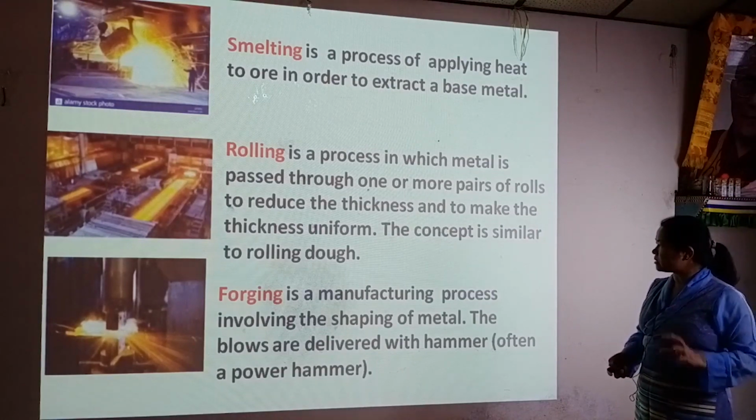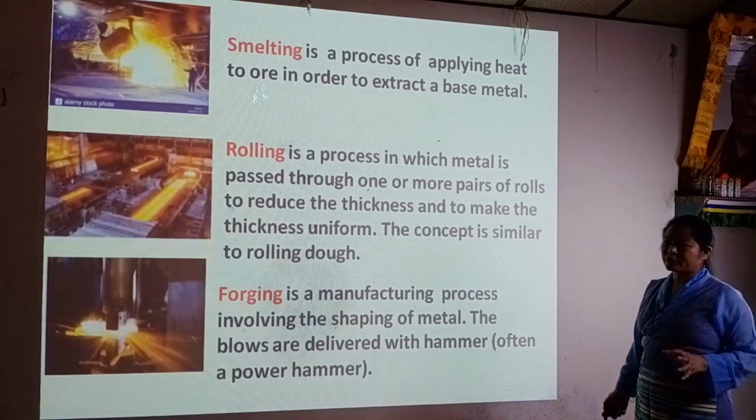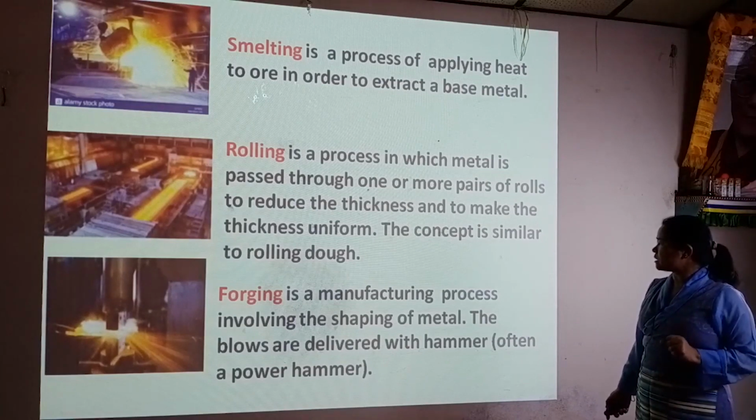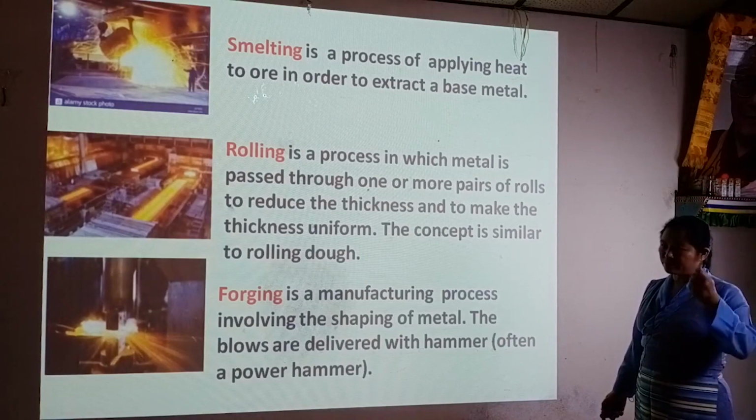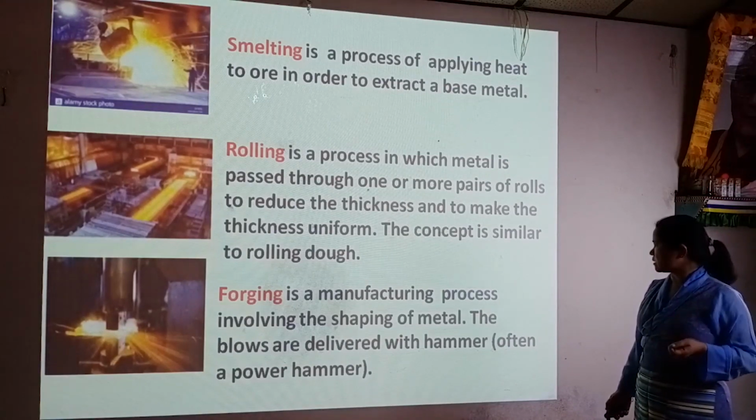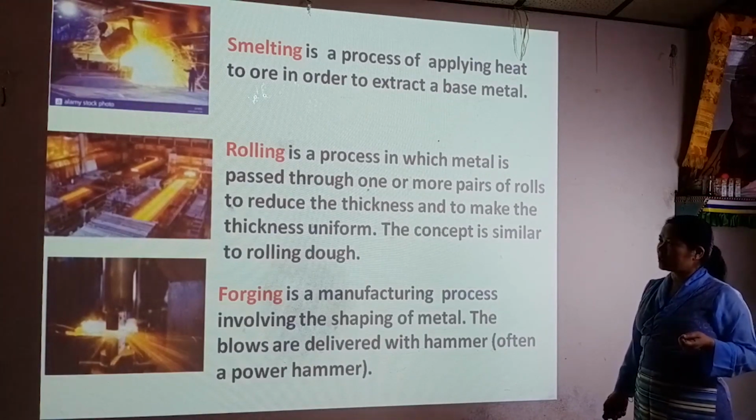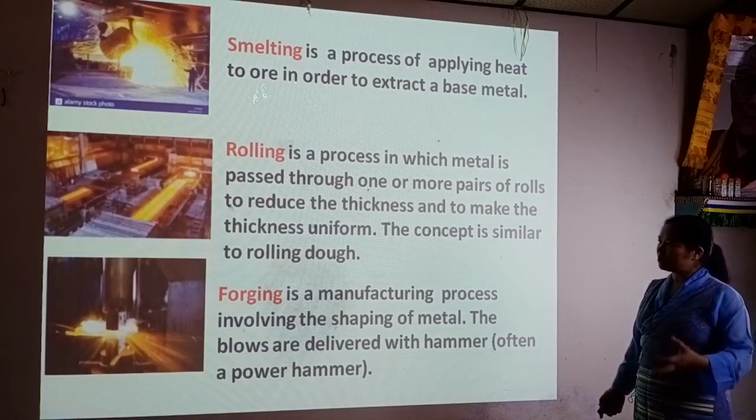Okay, so that is called forging. The blows are delivered with a hammer. So to give that shape, it is beaten with hammers, and often in an iron work or iron plant, it is a power hammer. That means it is a very big hammer which functions with other mechanisms.